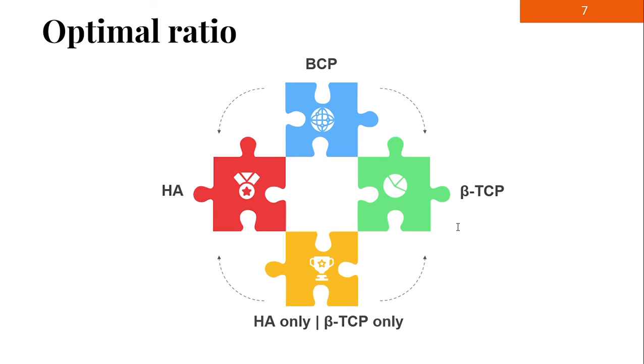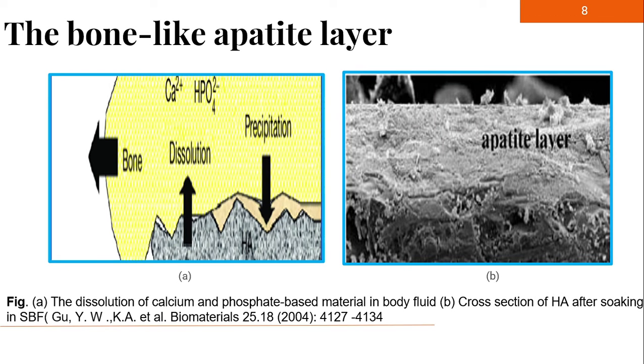From my point of view, it may be necessary to develop a set of ideal composition ratios for the different applications based on the clinical requirements. And the two figures above depict the main introduction of the restorative materials.